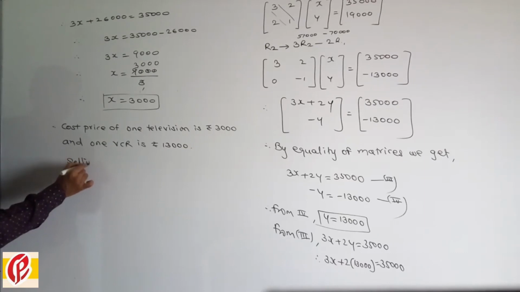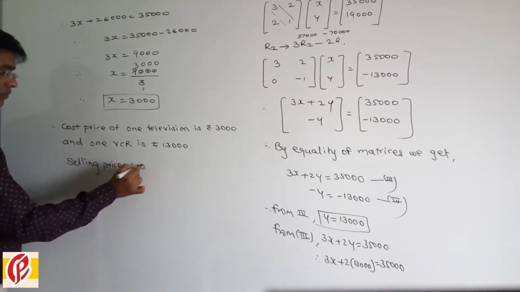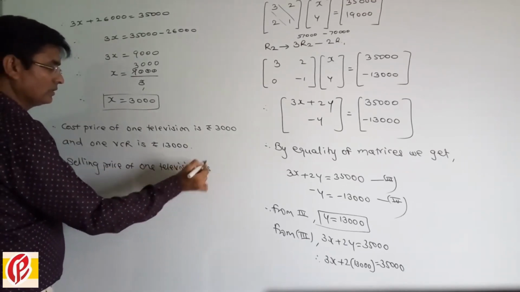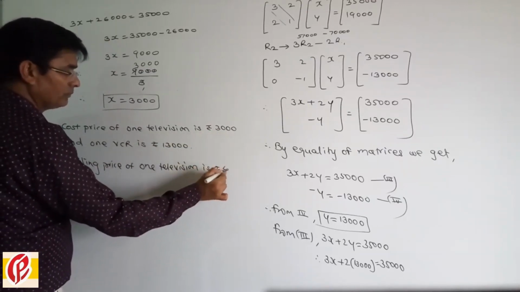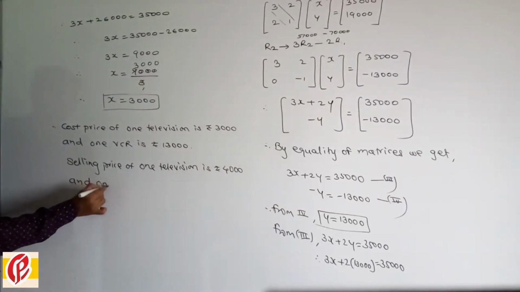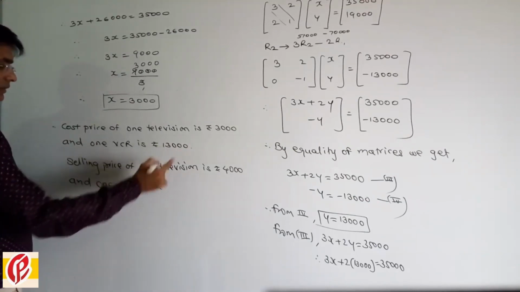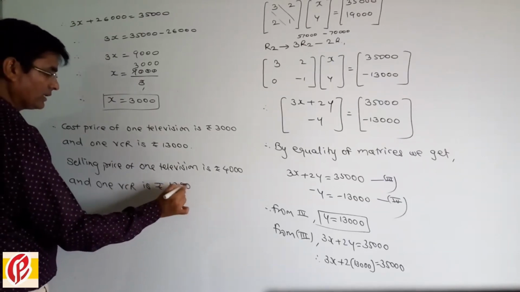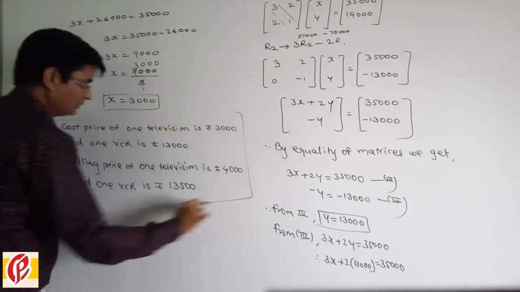Therefore, the selling price of one television is increased from 3,000 by 1,000, that is 4,000, and one VCR is rupees 13,000. So 13,000 plus 500, 13,500. So this is the answer.